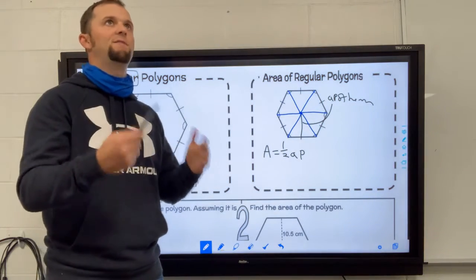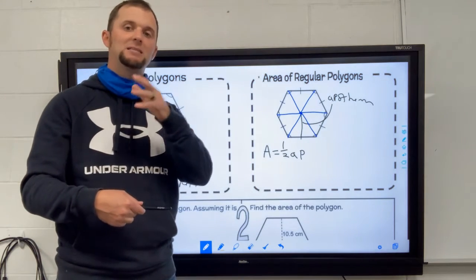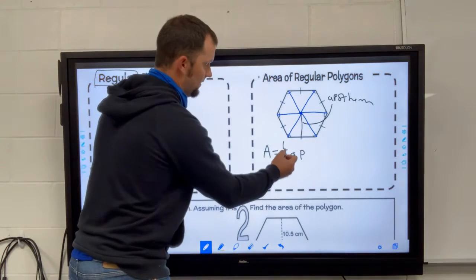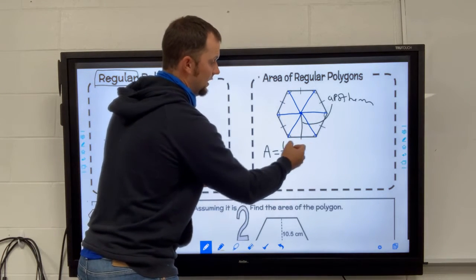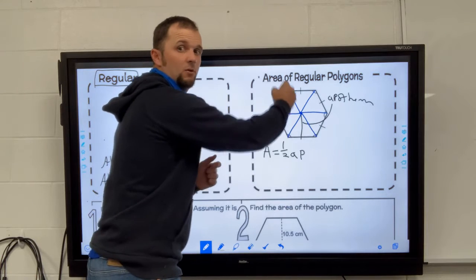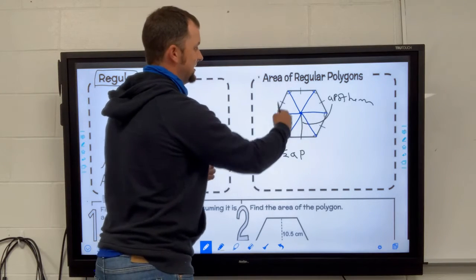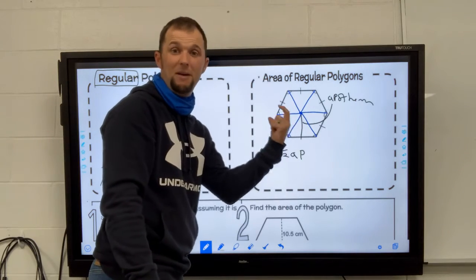Well, I know the area of a triangle is 1/2 the base times the height. So right now I'm doing 1/2 the base, which is this base right here, but I'm doing the whole thing. That's why I'm doing the perimeter. There's 6 different sides here, so that's why I'm doing the whole perimeter. That would be my base.